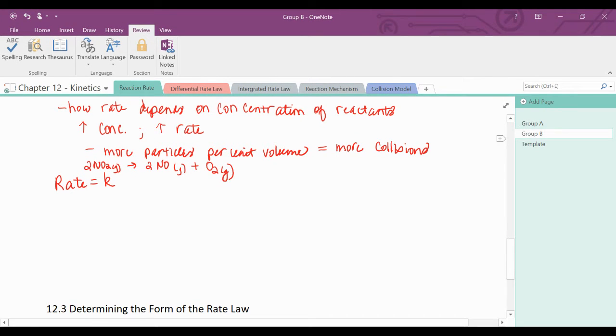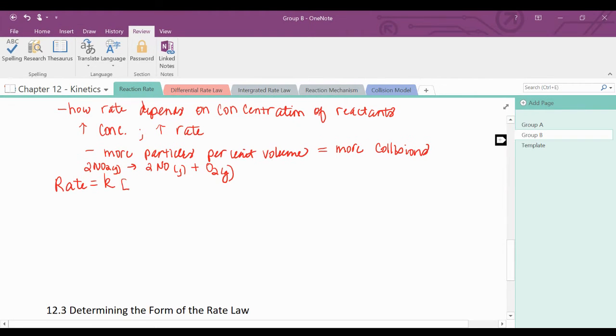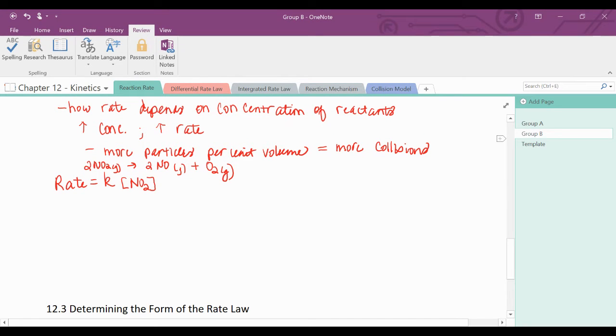And rate laws only use the reactant, so in this case, NO2. And the reactant is going to be raised to a power n. Okay. So we're going to talk about n here in a second.